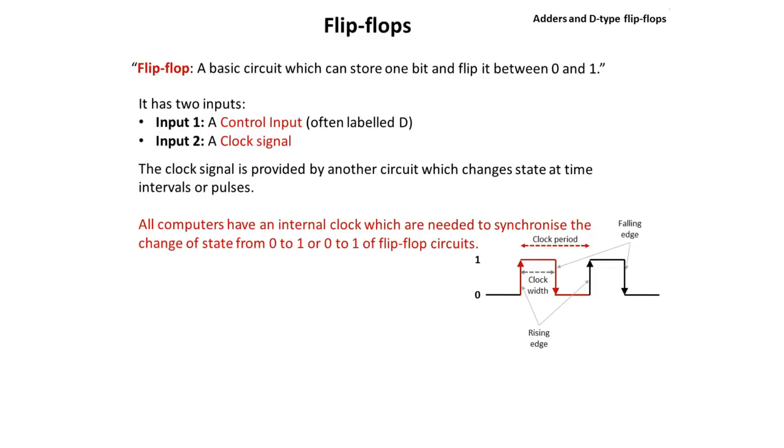The CPU in your computer has an internal heartbeat or clock speed measured in hertz, which the control unit uses to manage the fetch, decode, execute cycle. In this situation, the clock or heartbeat is used to synchronise the changing of state of the flip-flop circuit. This will become clear in a moment once we work through an example.